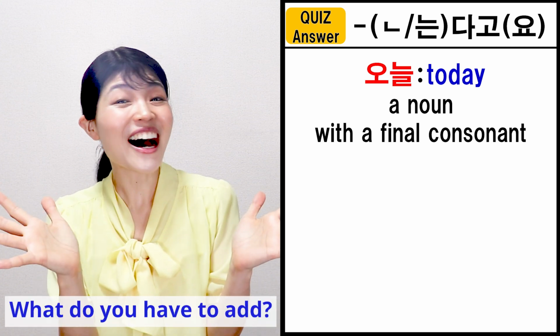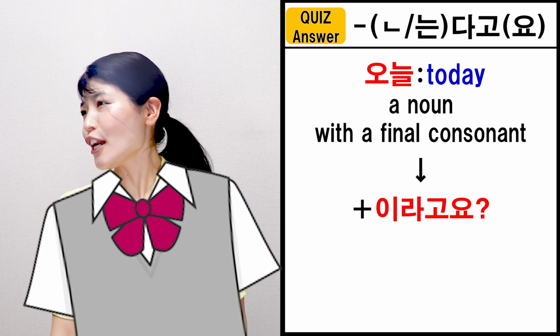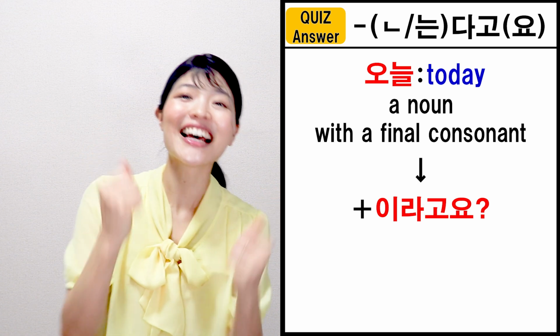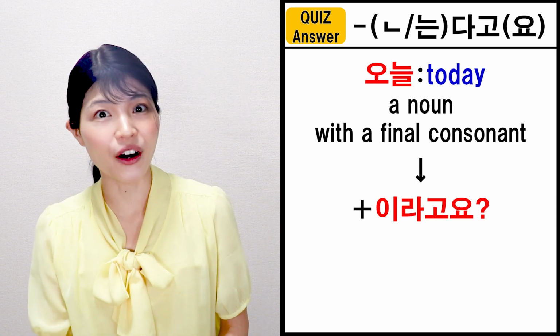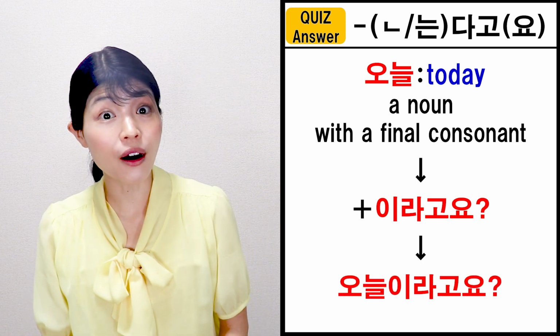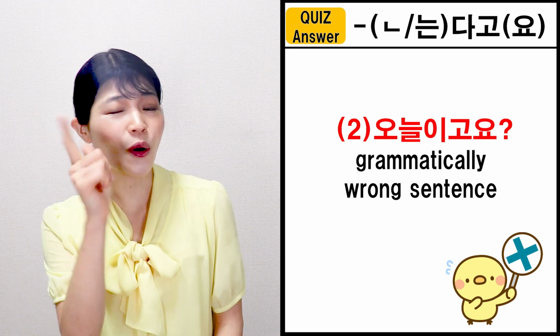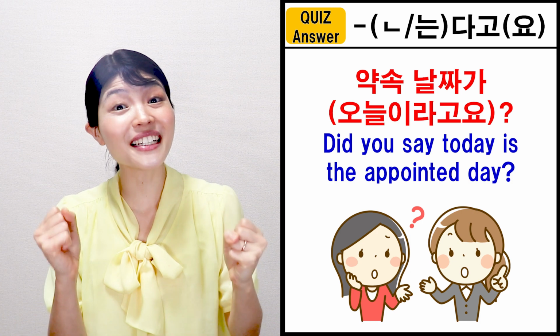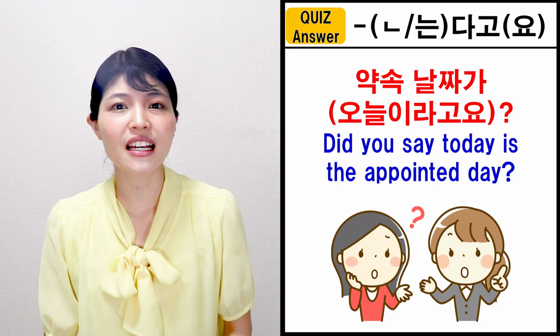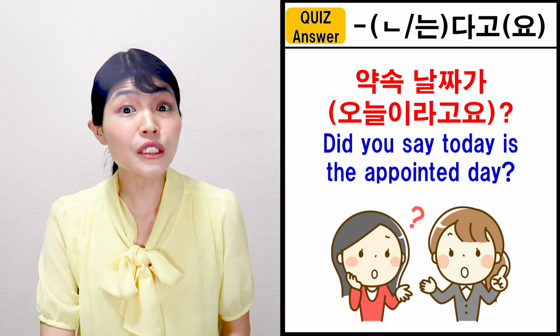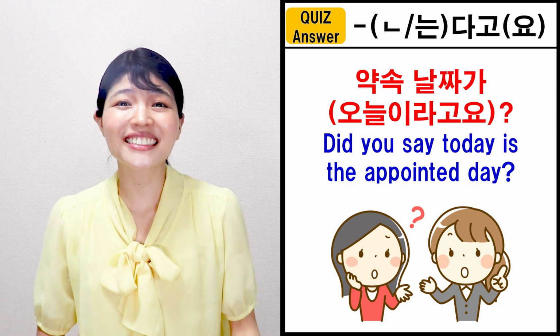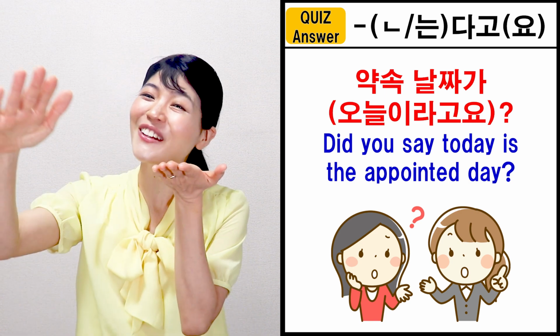Therefore, what do you have to add? 이라고요. Yes, you attach 이라고요 to make 오늘이라고요. Number 2 is grammatically wrong sentence, so don't choose it. Now let's read it as if you are checking the date. 약속 날짜가 오늘이라고요? Please practice until you can say it smoothly.